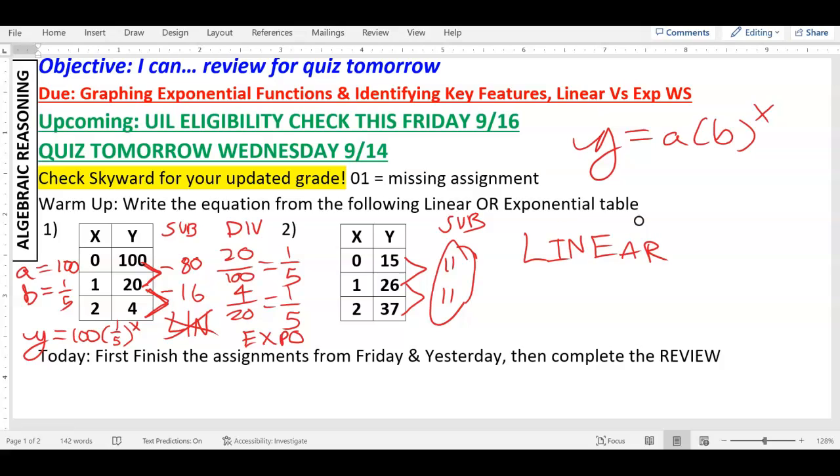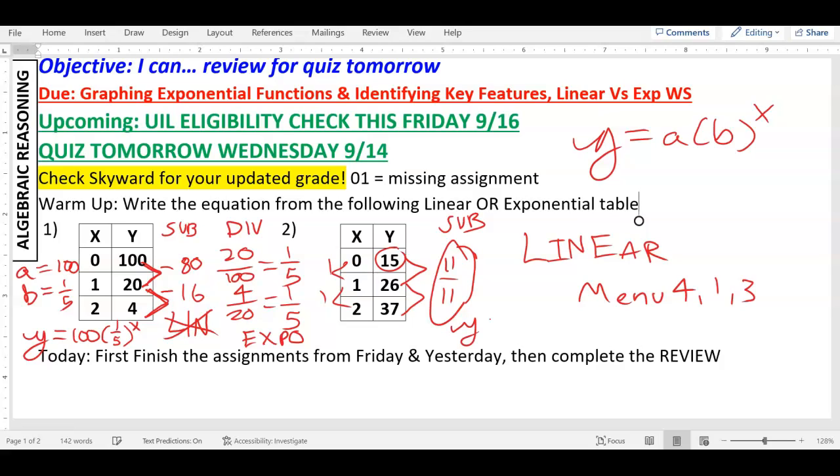Now, if it's linear, there is a way to get the equation using your brain. But I told you you can use menu 413, okay? If you remember that first quiz you did before I was here, you were supposed to be able to figure out an equation straight from the table, okay? This is your y-intercept, and then this over this is your slope.